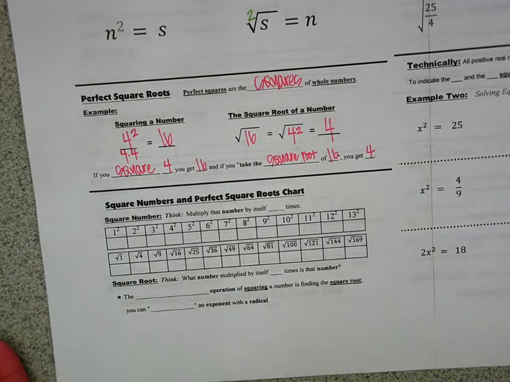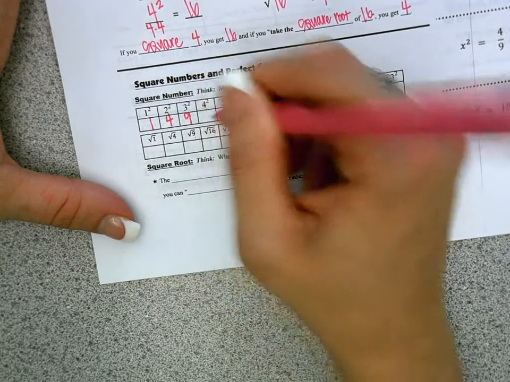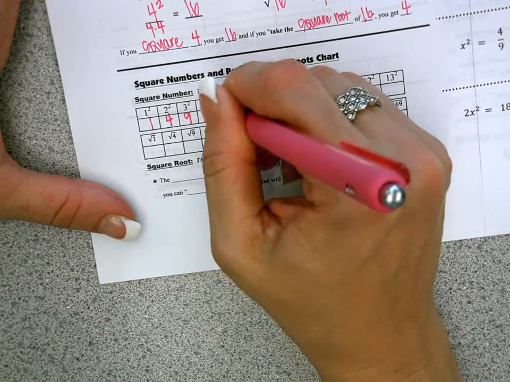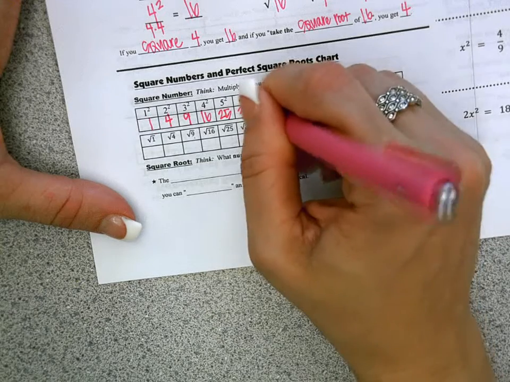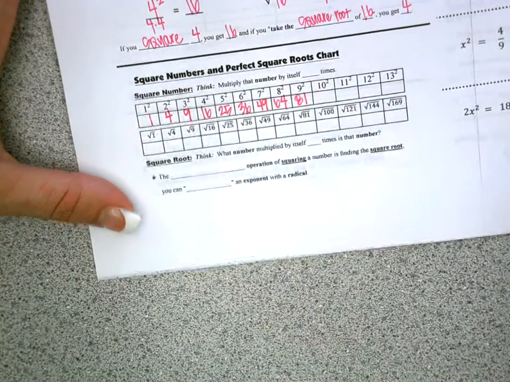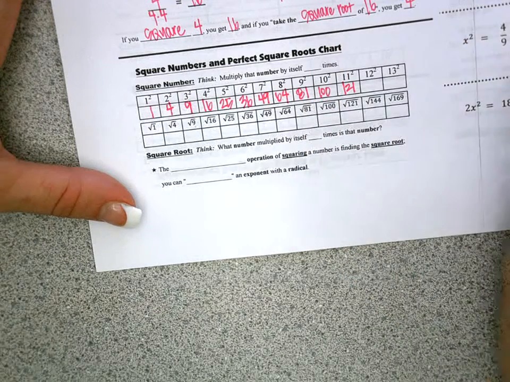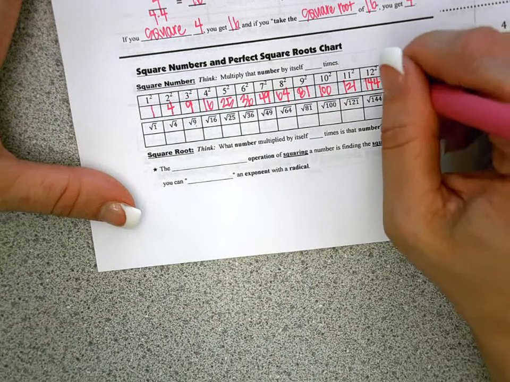Stop, guys. Okay, so you should know all of these. You should know that 1 squared is 1, 2 squared is 4, 3 squared is 9, 4 squared is 16, 5 squared is 25, 6 squared, 36, 49, 64, 100, 121, 144, and 169.